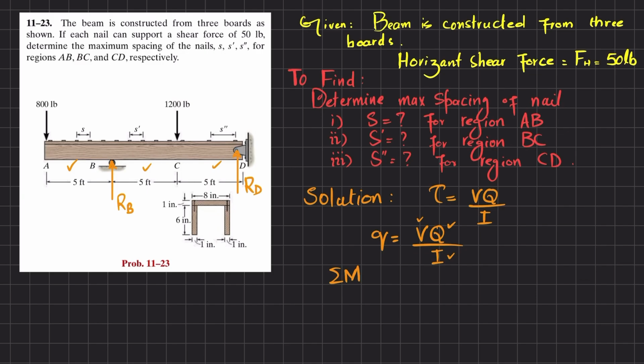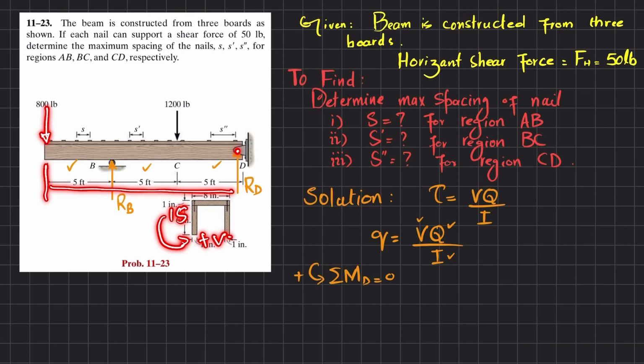The first equilibrium condition is that the sum of all moments about point D is equal to 0, taking counterclockwise as positive. The first moment is due to the 800 pound load, and the perpendicular distance is 15, producing a positive moment. The second moment is RB into perpendicular distance 10, which is negative. The third moment is 1200 into perpendicular distance 5, which is positive. The sum of all moments about point D is 0.